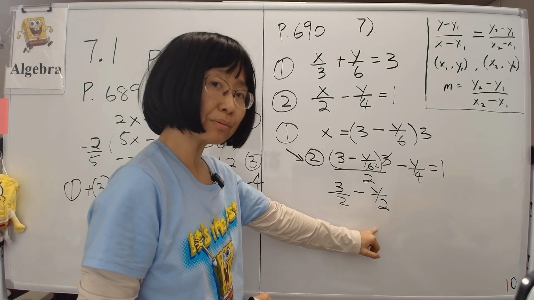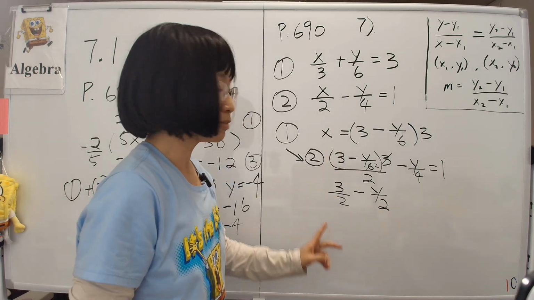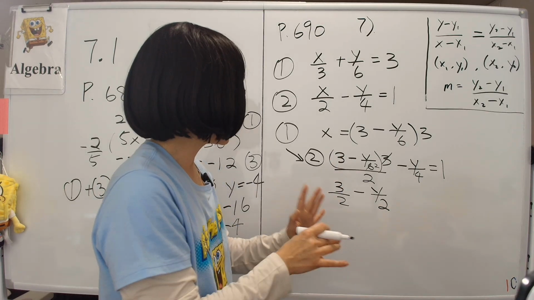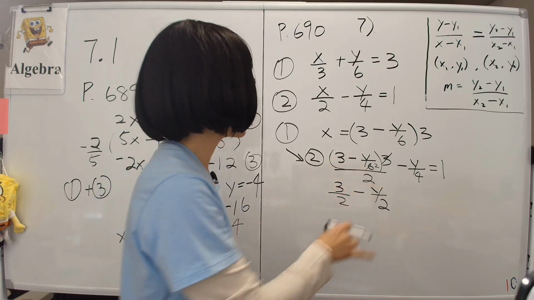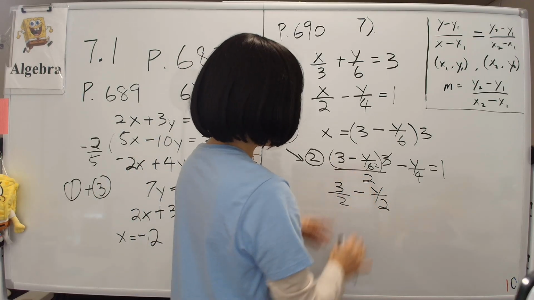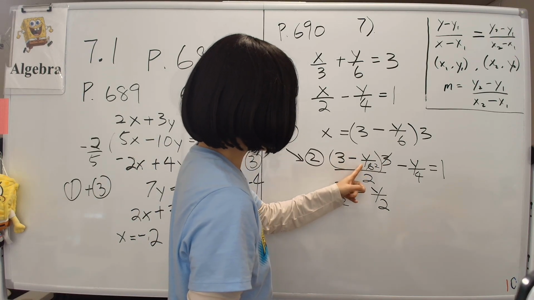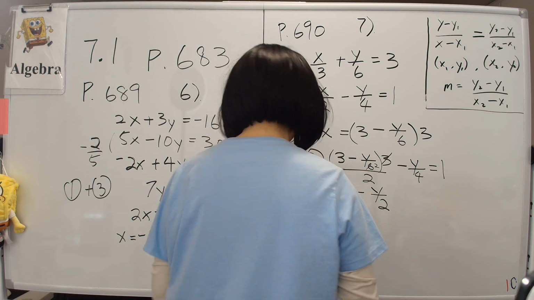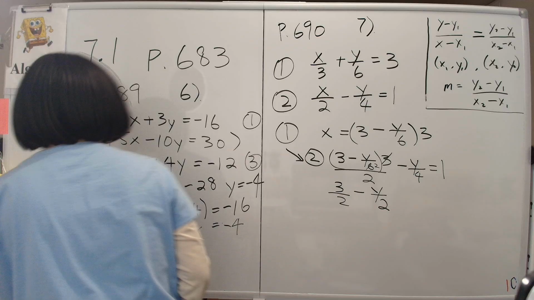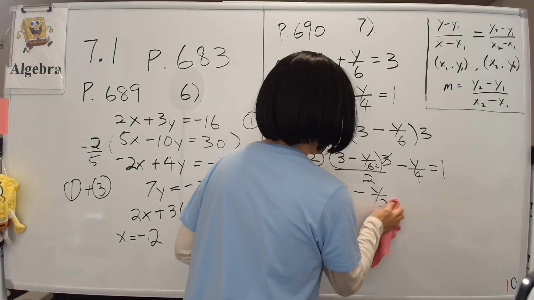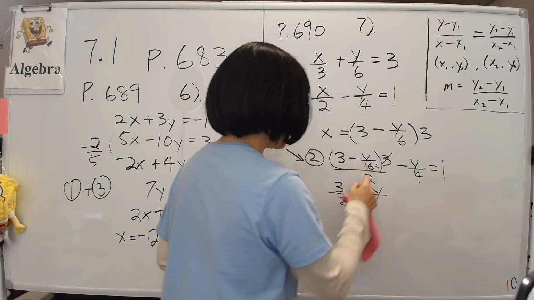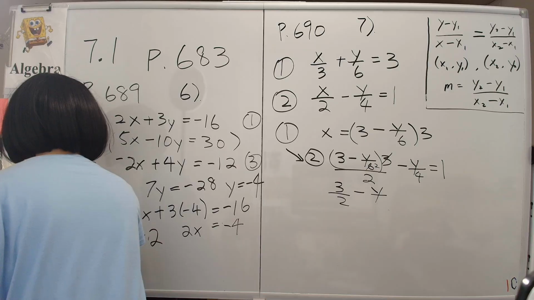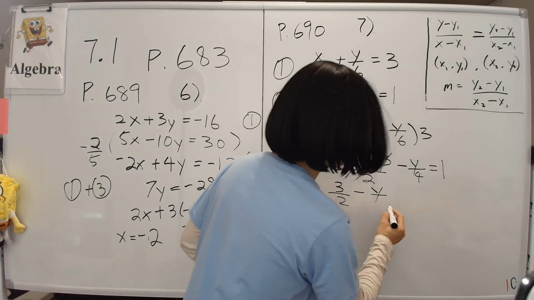If you have trouble, I think chapter 1 has rational expressions, which teaches you how to do fractions. So this is 3y over 6, then divided by 2, and then 2 again. So you're dividing by 4 total. So that should be right.